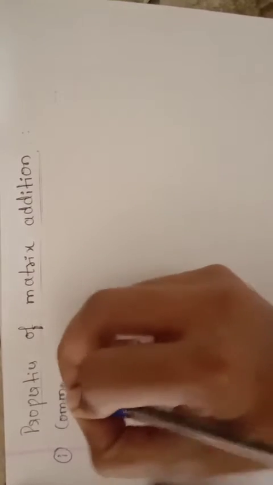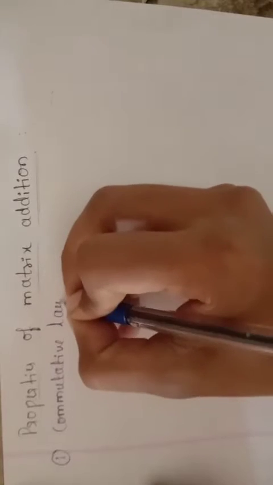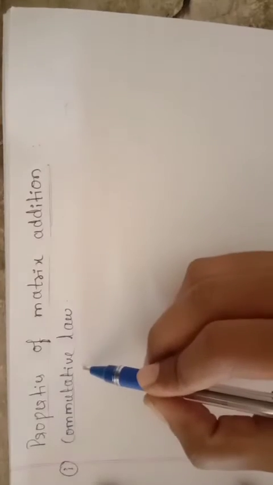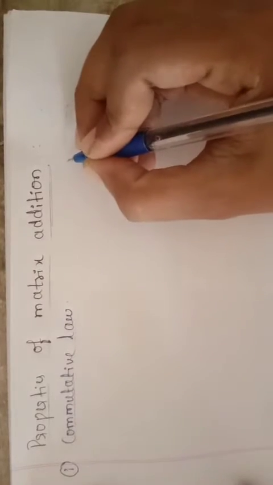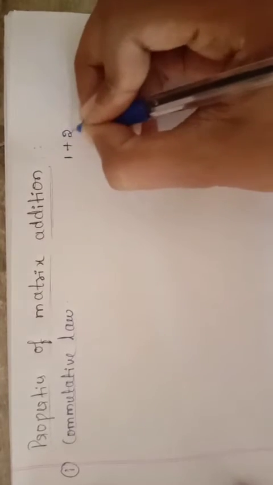It satisfies the commutative law. We will check whether the matrix satisfies the commutative law or not. See, addition of numbers satisfies the commutative law. That is 1 plus 2 is equal to 2 plus 1, we can write.